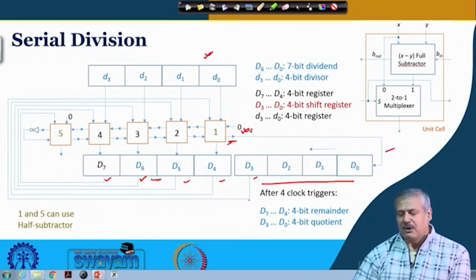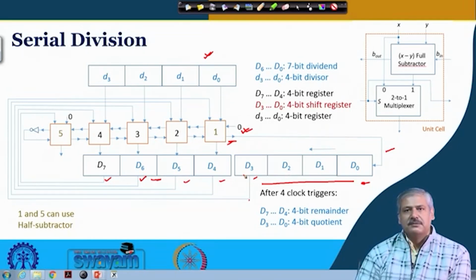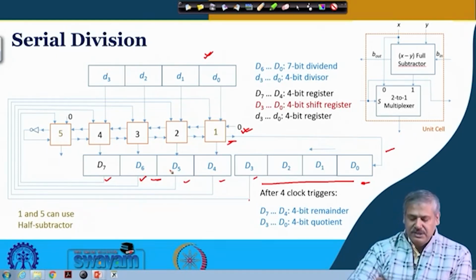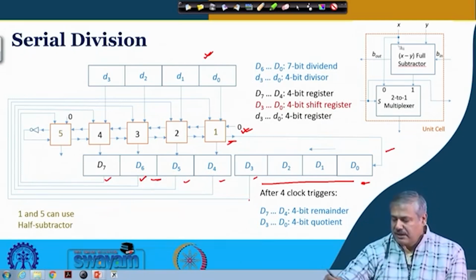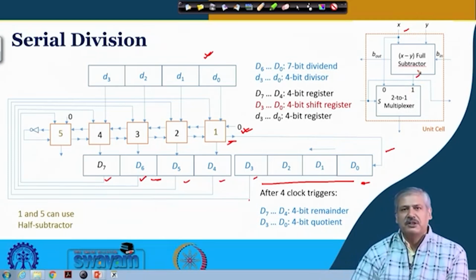This is a combinatorial logic block, isn't it? Now, with the clock, what happens? This quotient Q0 comes over here, right, and D2 takes the place of D3, right, and now this D6, D5, D4, and the particular value that comes over here from the unit cell, either this one or the subtraction value as per the logic, okay, that will be there.